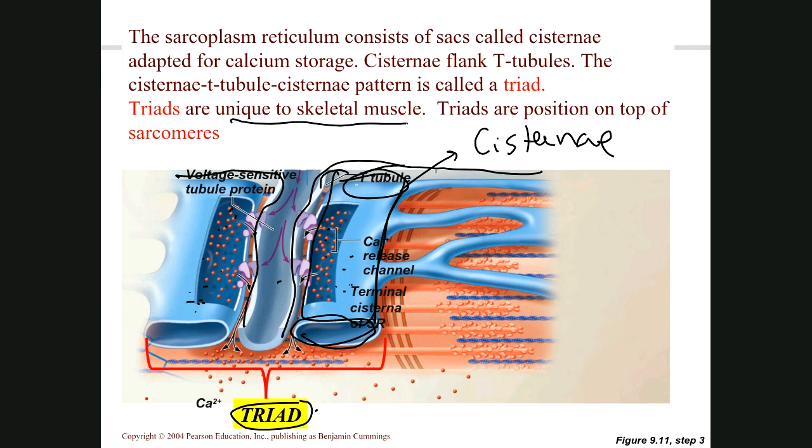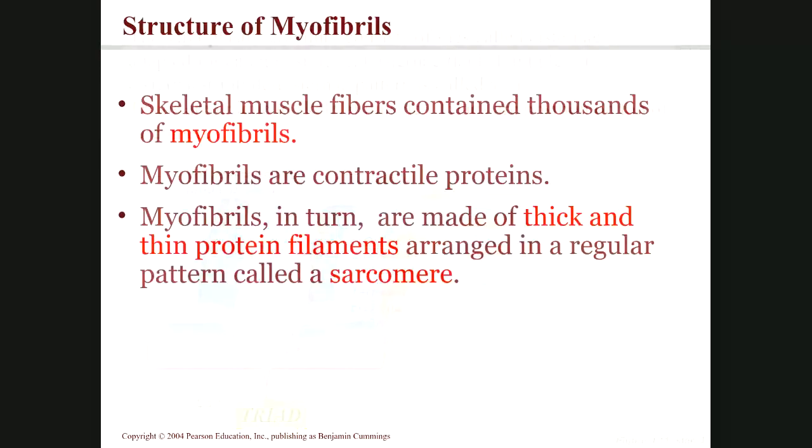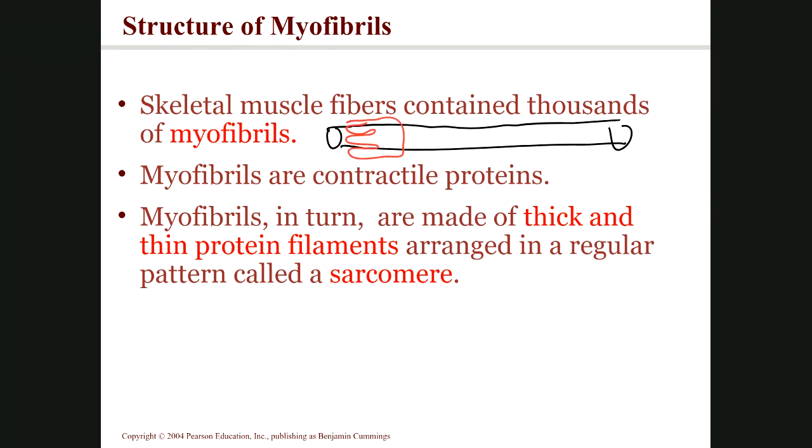Okay. So these long rod-shaped contractile proteins are called myofibrils. Remember that surrounding the myofibril is going to be the sarcoplasmic reticulum on either side of a T-tubule, and that constituted a triad right there.